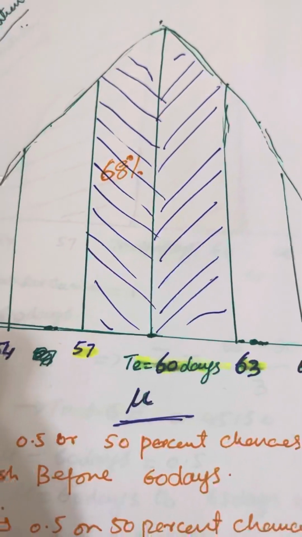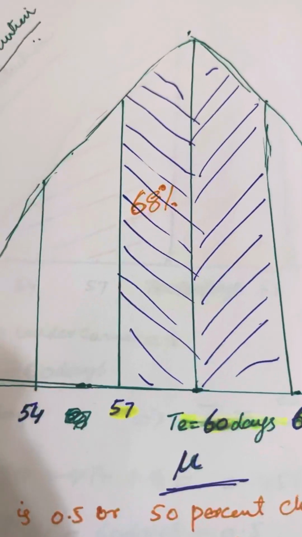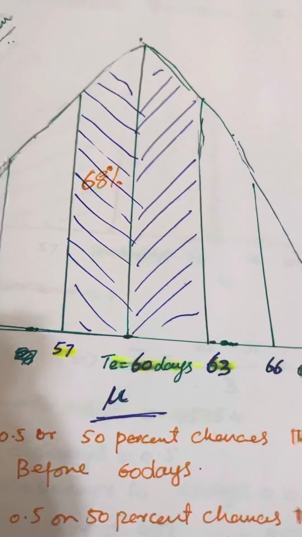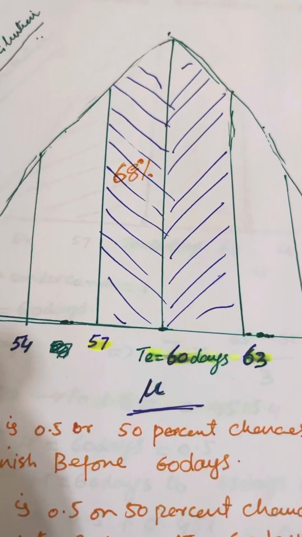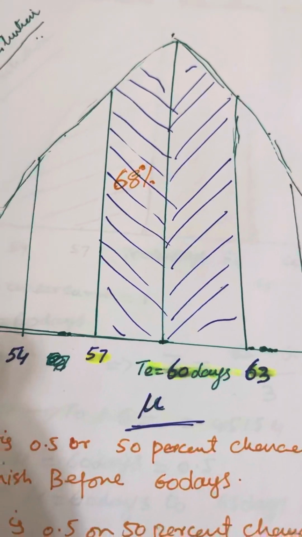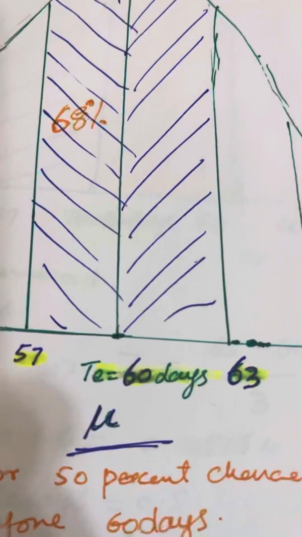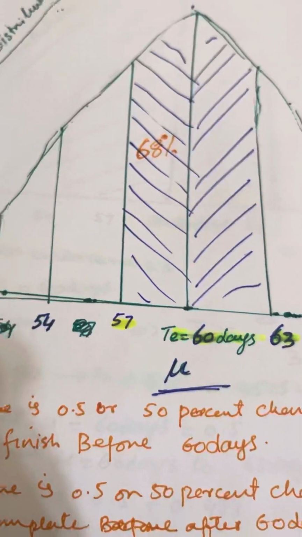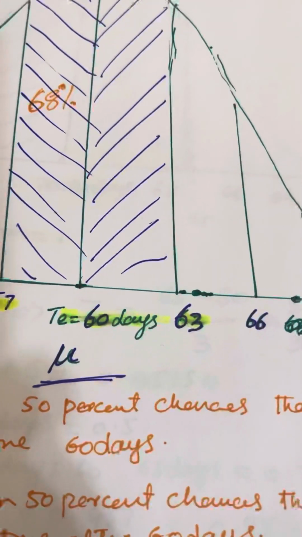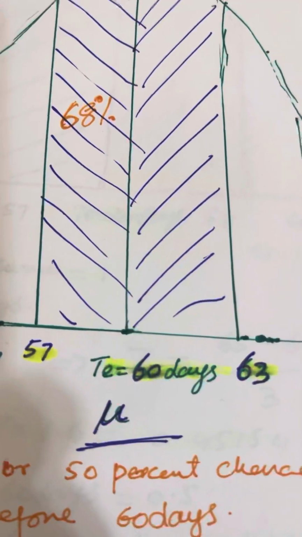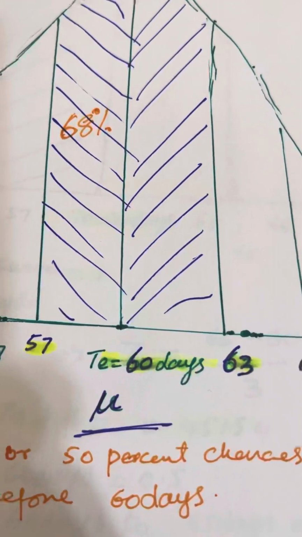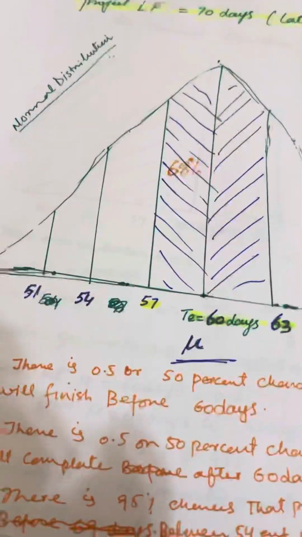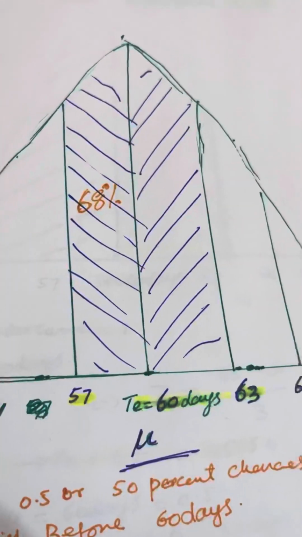I already told you that if you want to accelerate the project, you have to accelerate activities on the critical path, which in every project is the longest route. So this is our earliest finish, 60 days, which is our mean, and our standard deviation was 2.57 something, but I took 3.